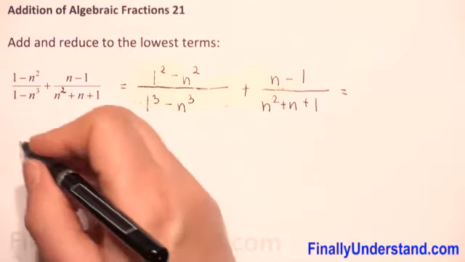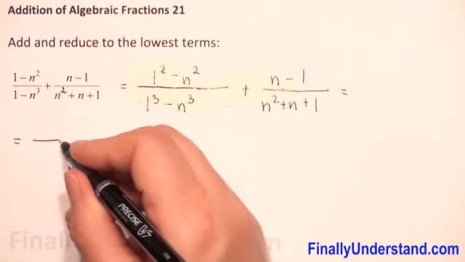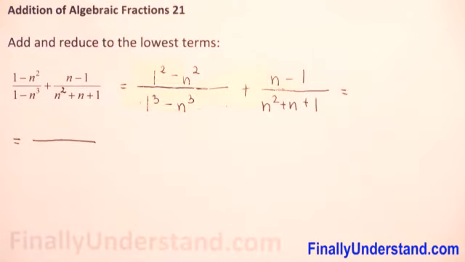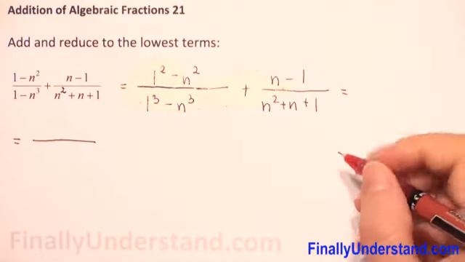So this is equal. And now first I will use the formula for the difference of 2 perfect squares.